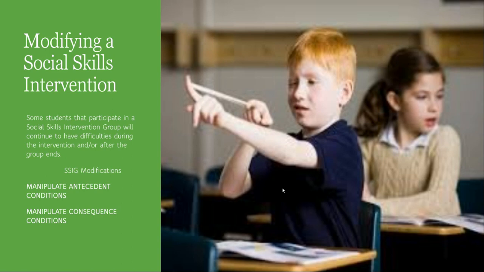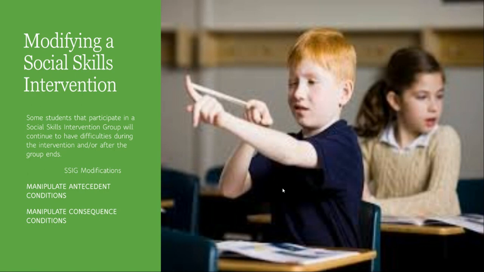Some students may be having a questionable response, or they may be having a poor response to an intervention. Some students that participate in a social skills intervention group will continue to have difficulties during the intervention, as well as after that group ends.